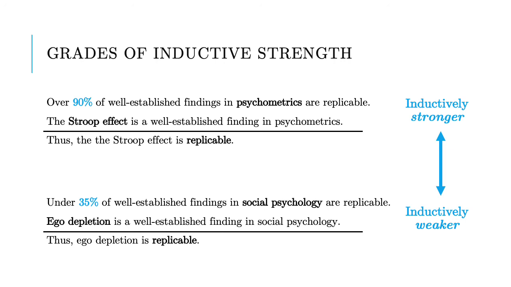Whereas a weaker inductive inference would be the observation that under 35% of established findings in social psychology are replicable, and that ego depletion is a well-established finding in social psychology. Thus, ego depletion is likely replicable.